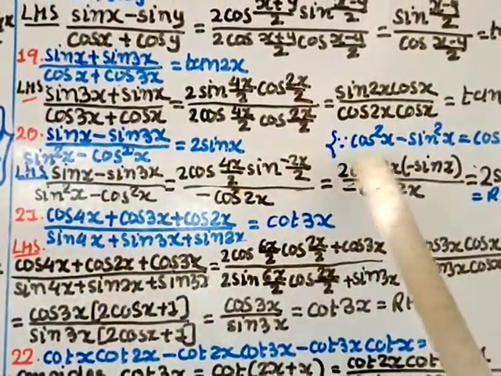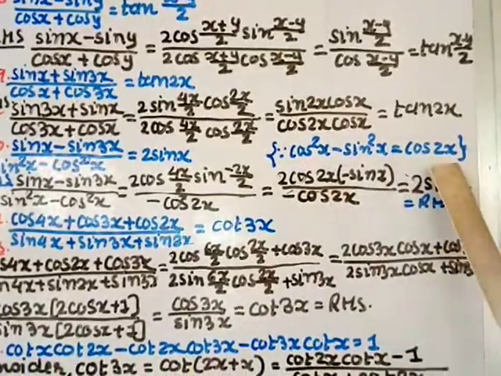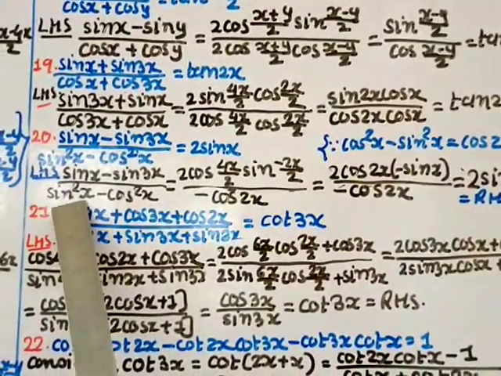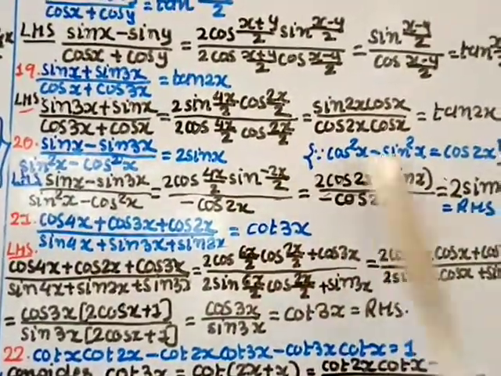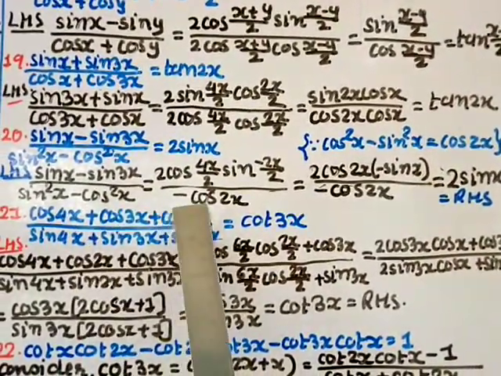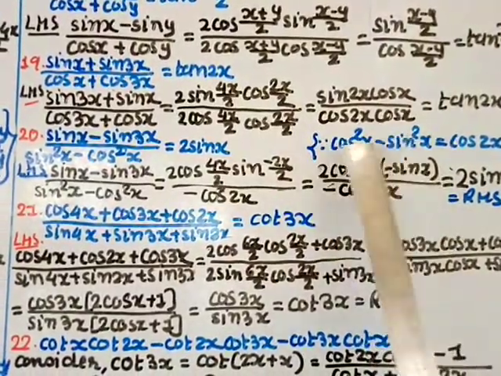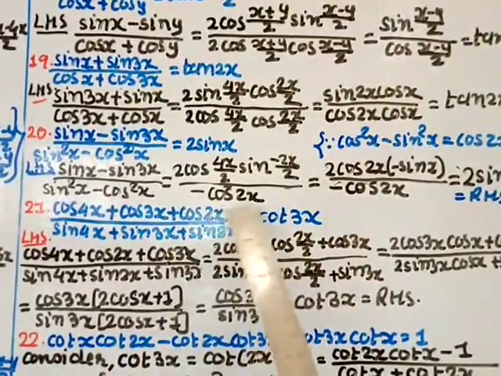But the formula is like this: cos square x minus sin square x equal to cos 2x. Here it is opposite, sin square first and cos square later, so it will be minus cos 2x. Same result but interchanged, so it is negative, so this will be minus cos 2x.